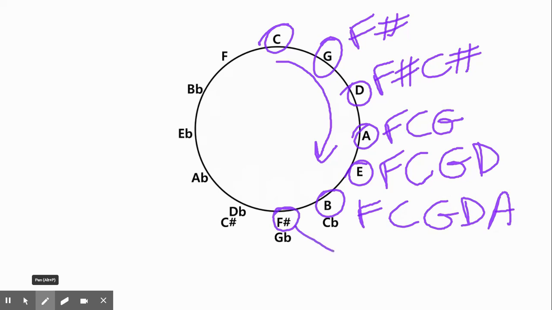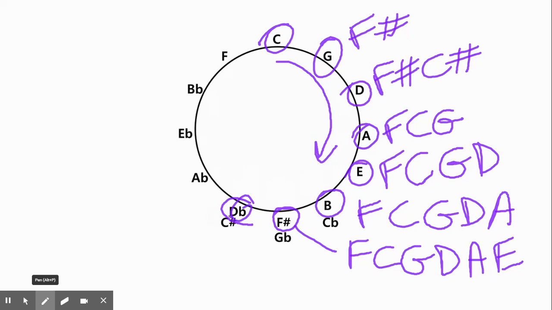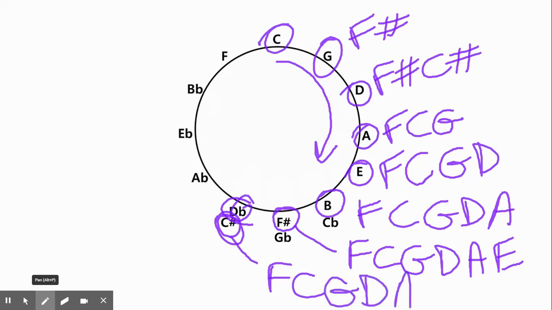F sharp has the sharps F, C, G, D, A, E, and C sharp has the sharps F, C, G, D, A, E, B. I don't know why I started circling that.